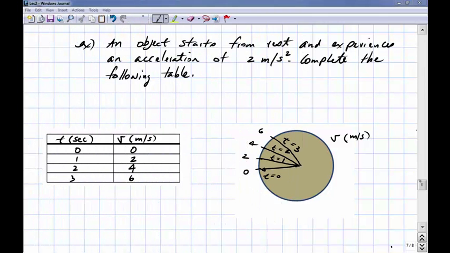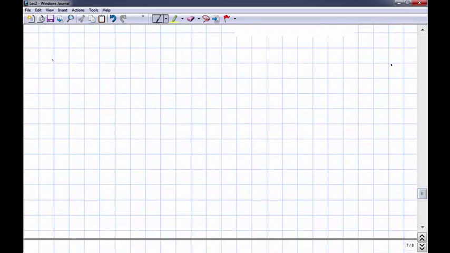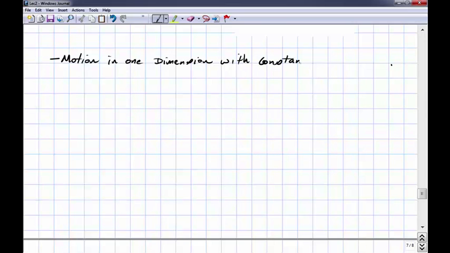We will now introduce the topic of motion in one dimension with constant acceleration. And we'll introduce this subject with the following assumptions.